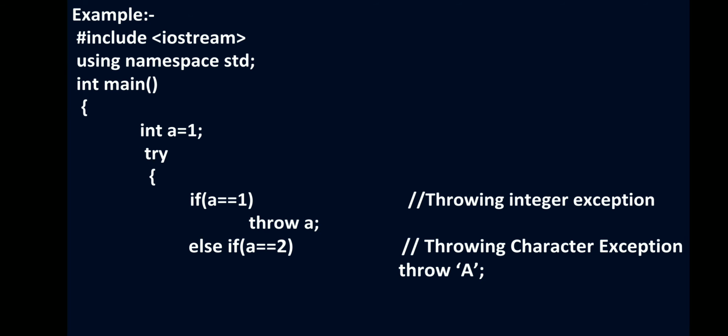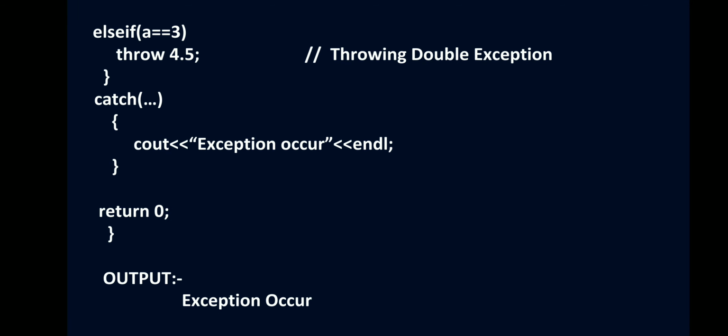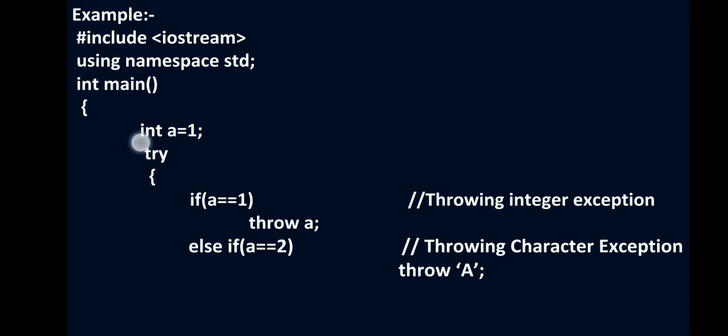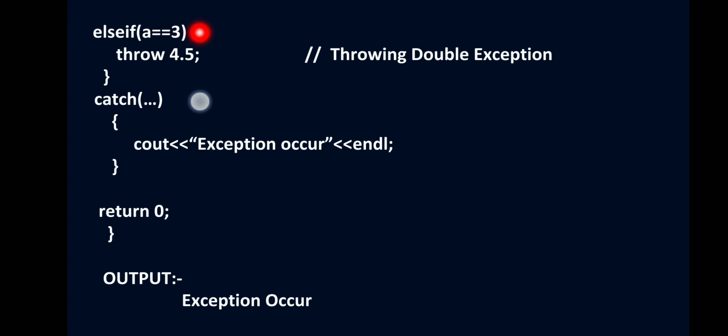Now let us take the same example. Now in this example, what is the a value I have given? a equal to 1. In this try block I am throwing 3 different types of exceptions. If a equal to 1, I am throwing an integer exception. If a equal to 2, I am throwing a character exception. If a equal to 3, I am throwing a double exception.